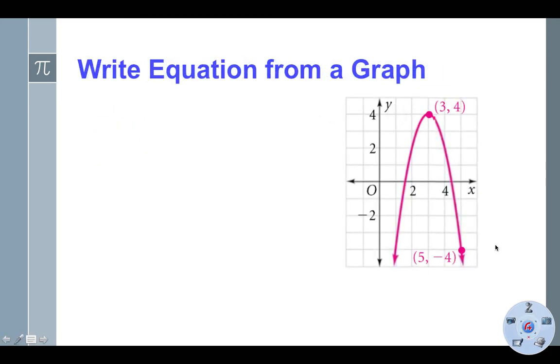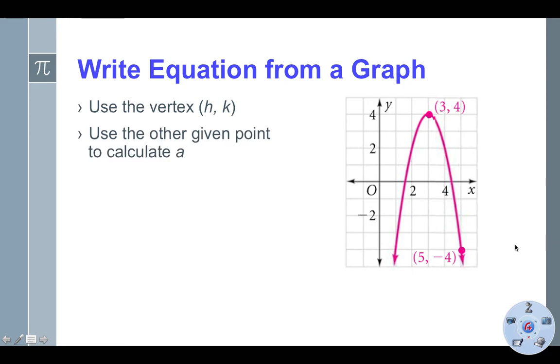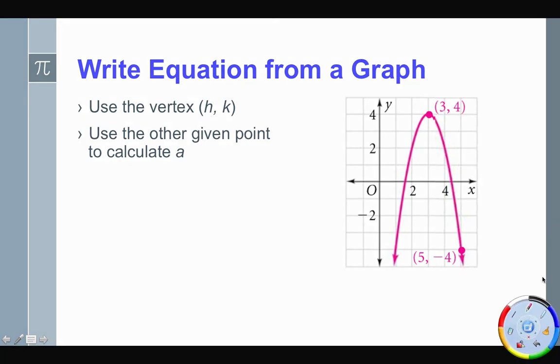All right, last piece here is writing an equation from a graph given a vertex and another point. We're going to use the vertex in vertex form. We're going to write those numbers in, and we're going to use the other point to calculate a. So we have y equals a times x minus h, squared, plus k.